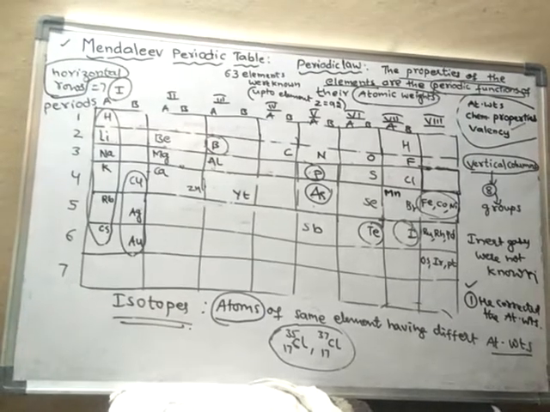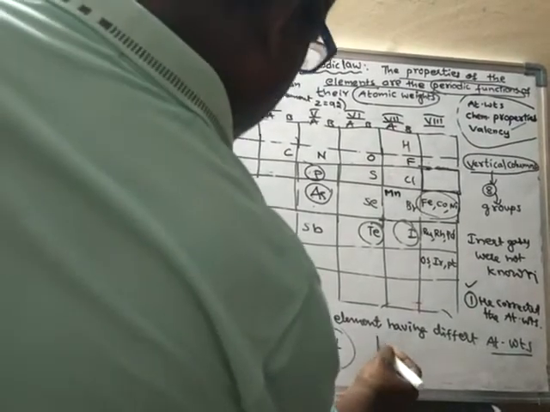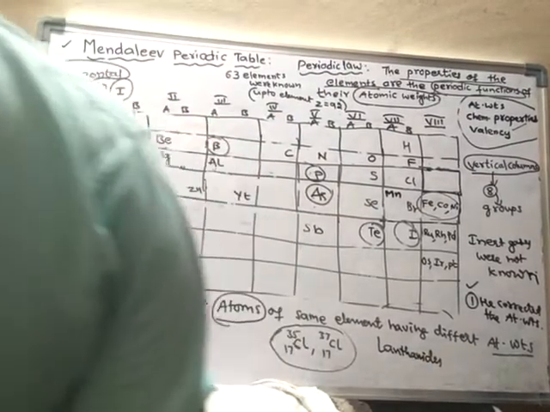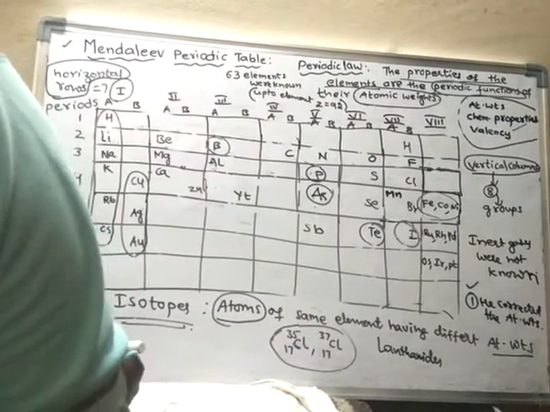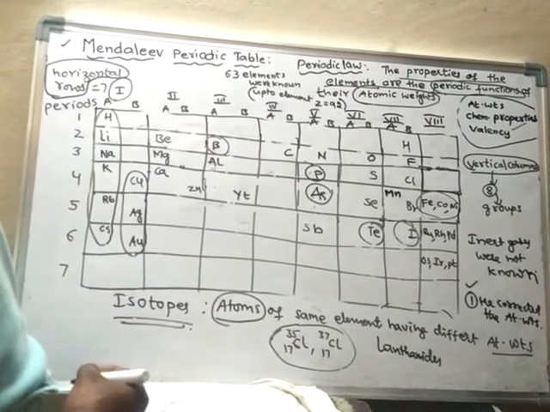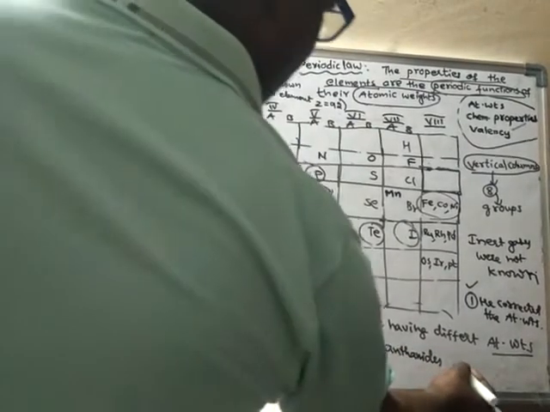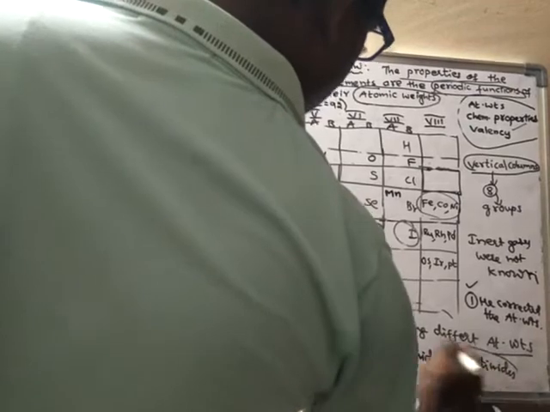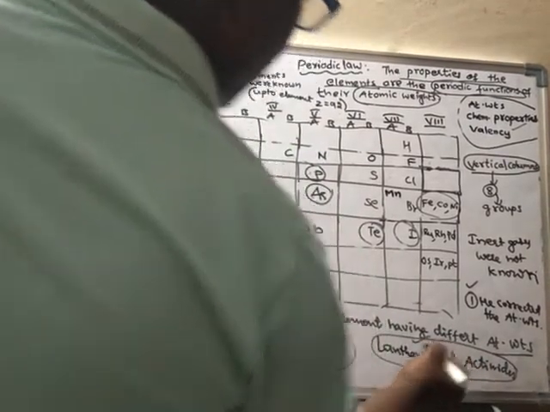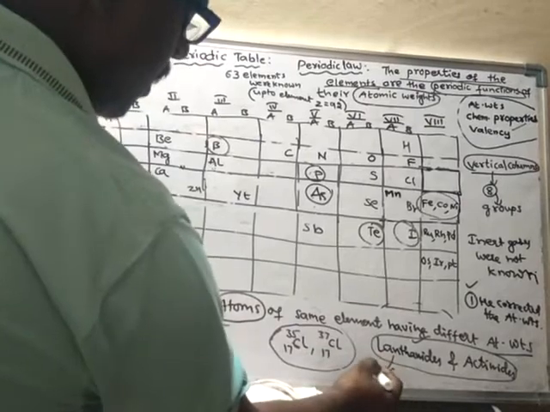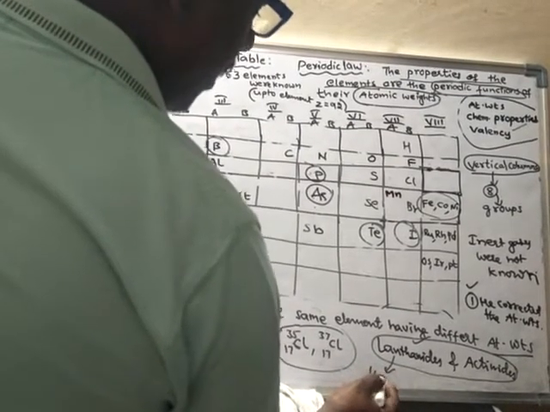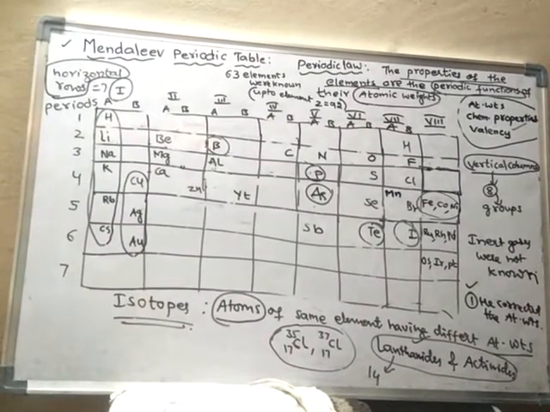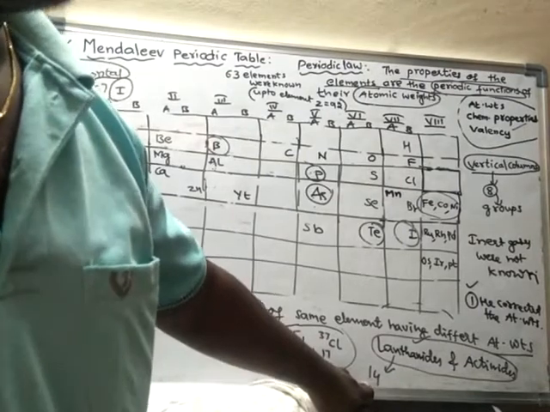And one more thing, lanthanides and actinides. Lanthanides are 14 elements. All the 14 elements show similar properties.